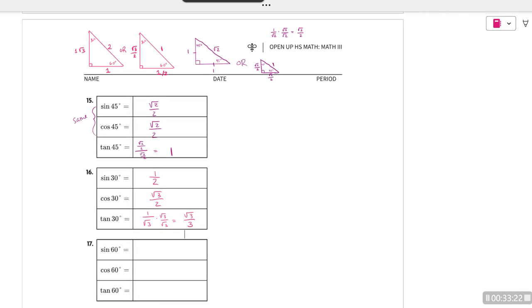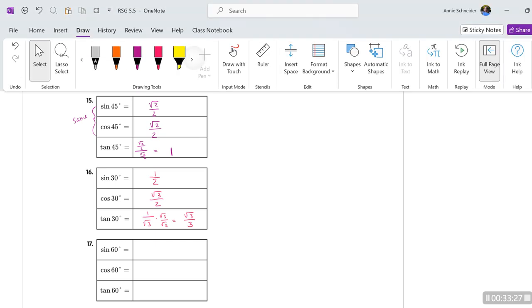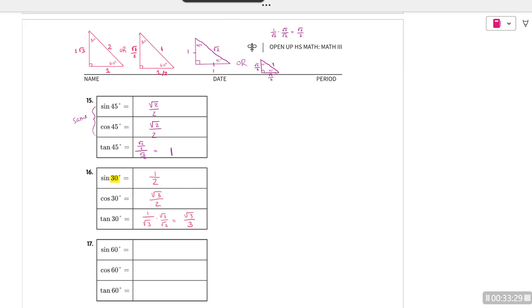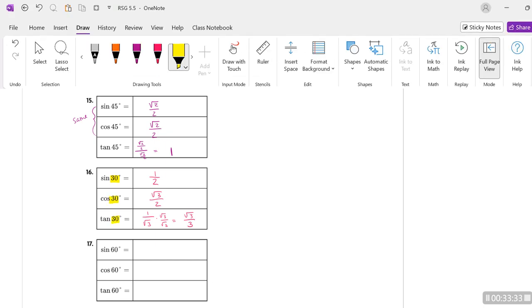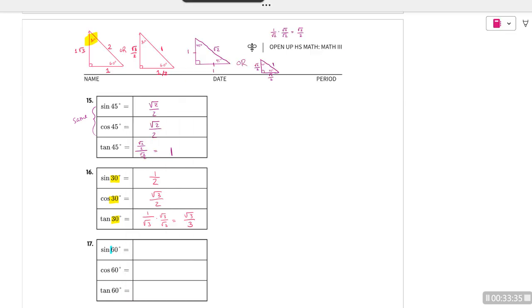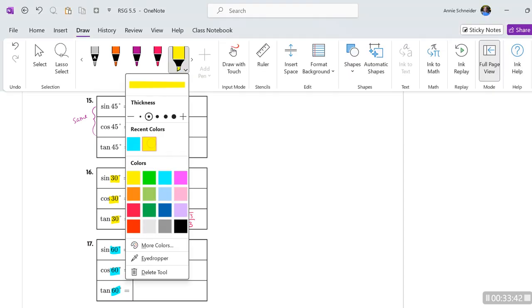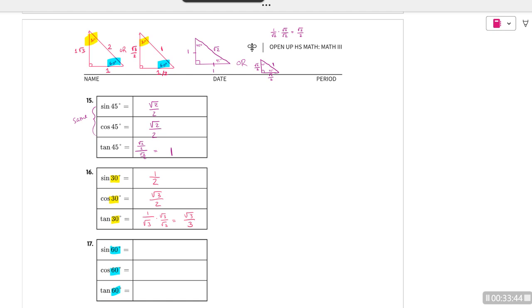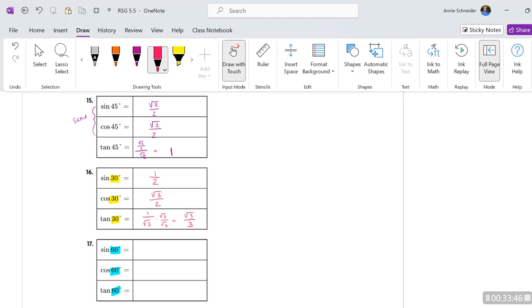Okay, so now sine of 60, cosine of 60, and tangent of 60. I'm going to highlight to emphasize where that 30 was, and where this 60 is. Our 60 is down here. So for these ones, we're looking at that 60-degree angle.